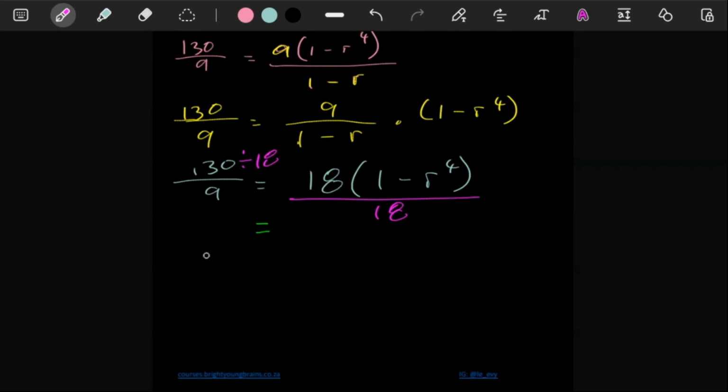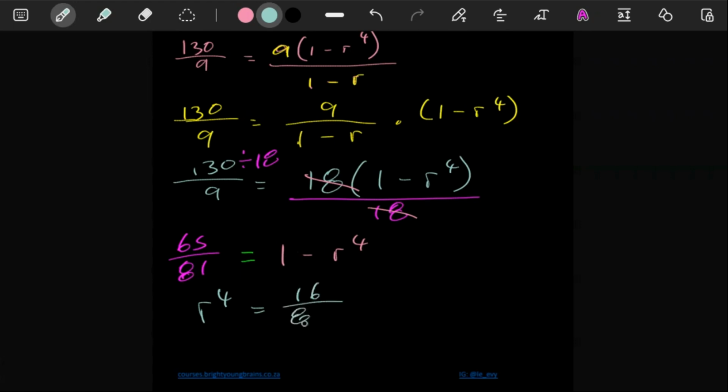This cancels that, so this is 1 minus r to the power 4 equals 65 over 81. This is better off if it's a positive value, so let's take 1 minus this number, which is going to be 16 over 81.